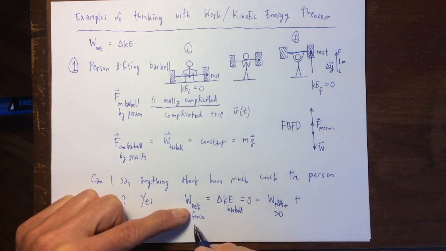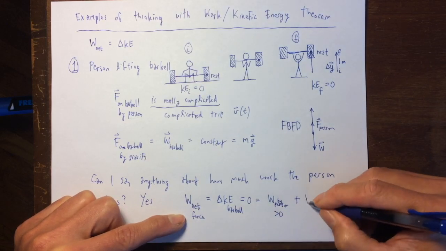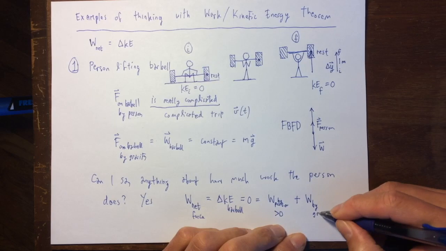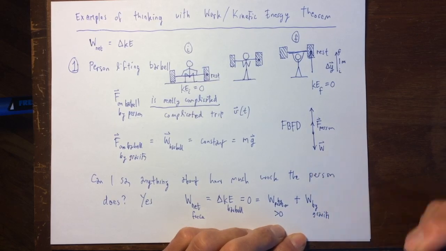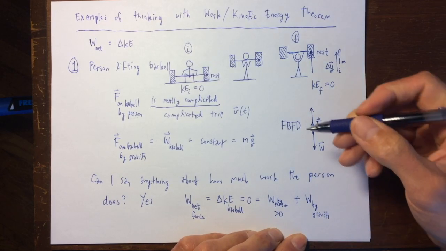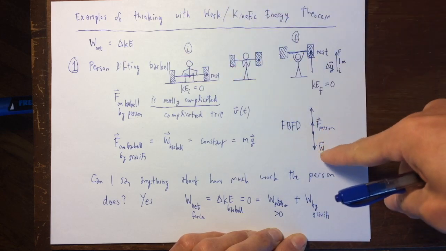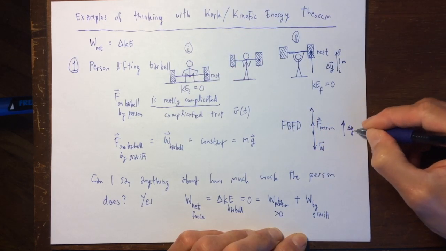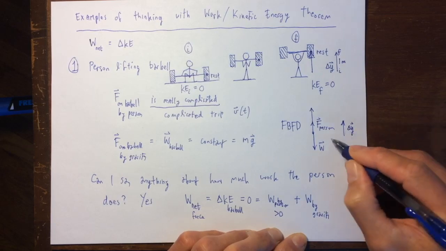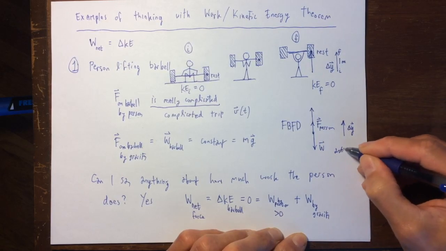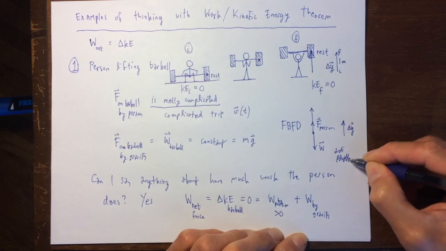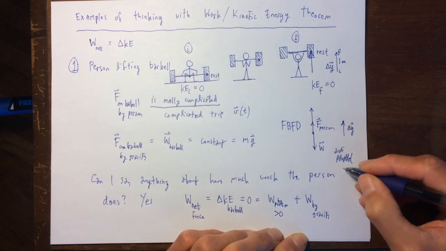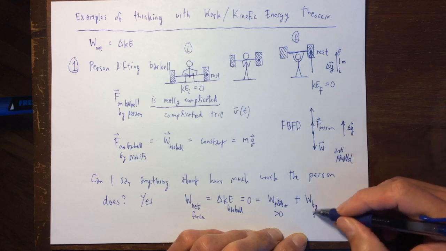But the total amount of work done by the net force is also including the work done by gravity. And the work done by gravity was always pulling downwards. But if the displacement delta y is up, these are anti-parallel. And anti-parallel displacement and force is a negative work done.